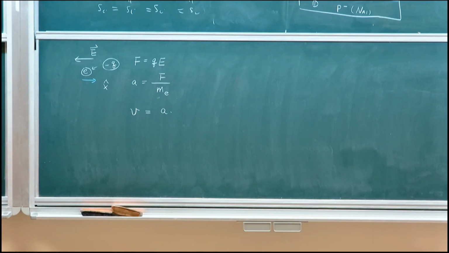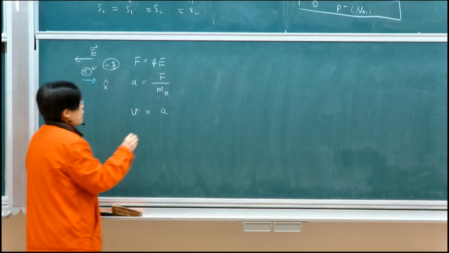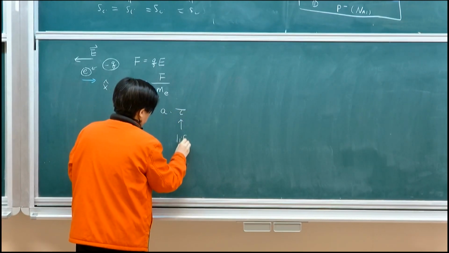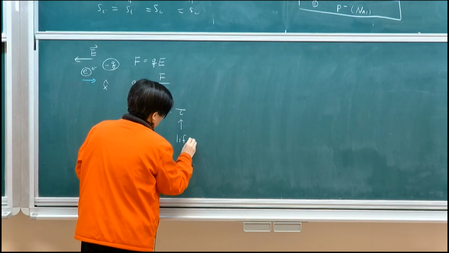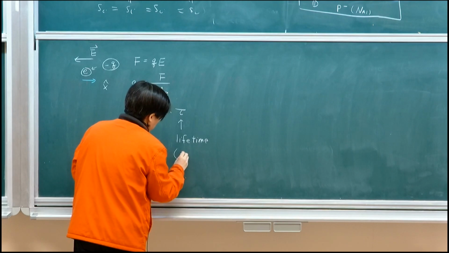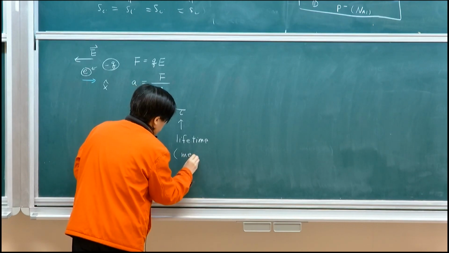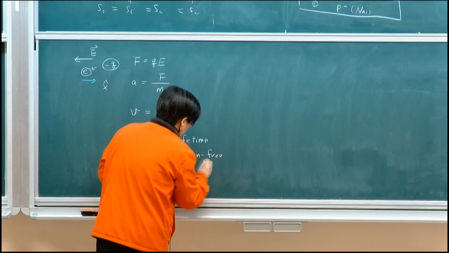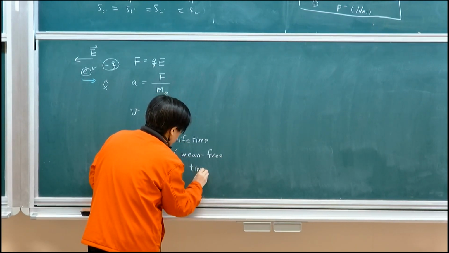It's moving inside the crystal. So it will have an acceleration lifetime, or sometimes you will see this referred to as a mean free time. I don't know if you guys are familiar with this word.